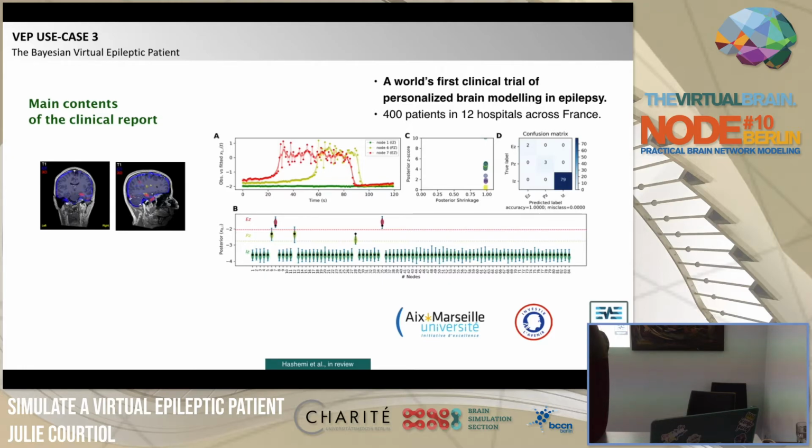So here, the nodes with very low excitability are the regions not involved in the seizures, the healthy regions. When we are above the threshold, the regions trigger seizures autonomously. It is an epileptogenic zone. And when we are close to this threshold, it is a propagation zone.